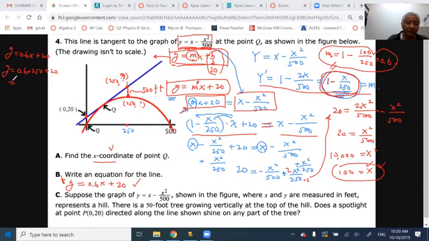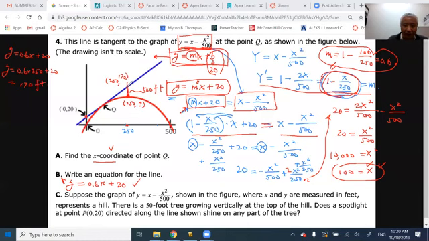So we know this y coordinate here is 170 feet. Now we need to find out what this other coordinate is first.